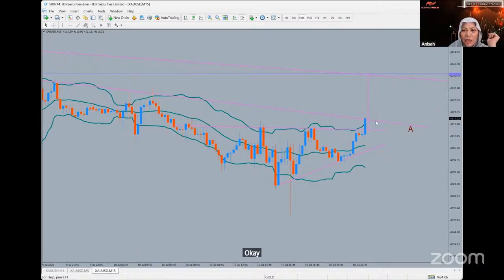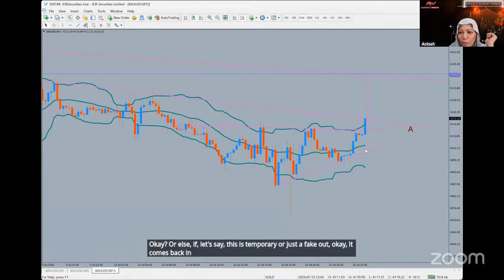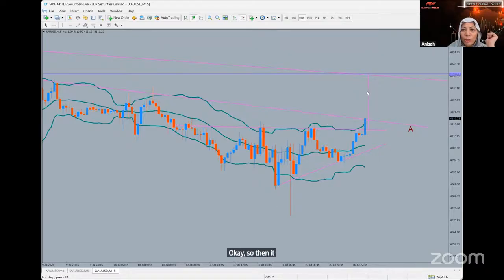Or else, if this is temporary or just a fake out, it comes back in and closes below the mid BB, or the baseline of this head and shoulder, then it will go downwards instead. Downwards means your target will be 4076.97.